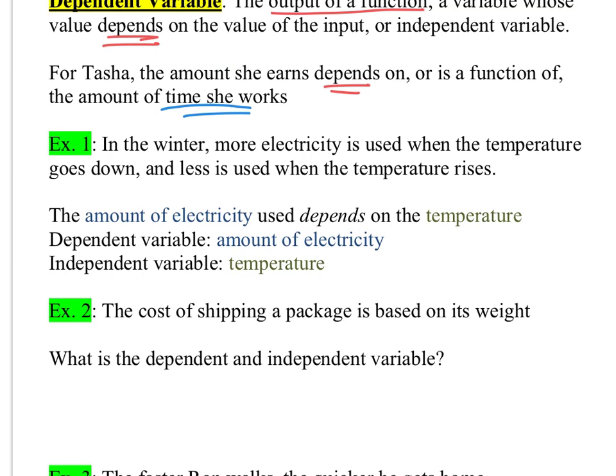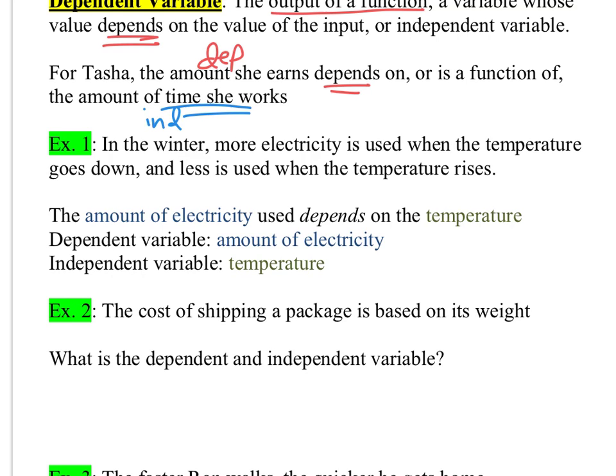This is the dependent variable, and then time is our independent variable. 9 times out of 10, time is going to be your independent variable because we can never affect time. We can't slow time down, we can't speed it up. How many hours I work is how my paycheck is determined. I'm not told you're only getting $500, so therefore you can only work 20 hours or whatever it happens to be. Typically, it's based upon the hours that you work.